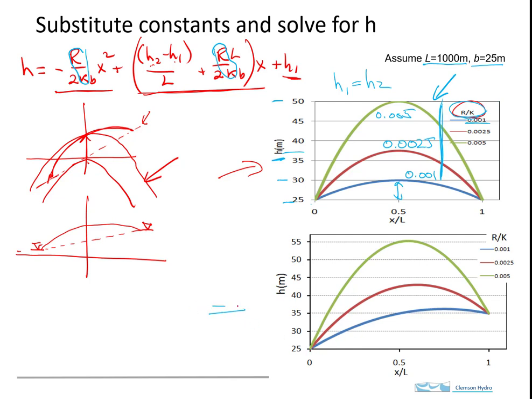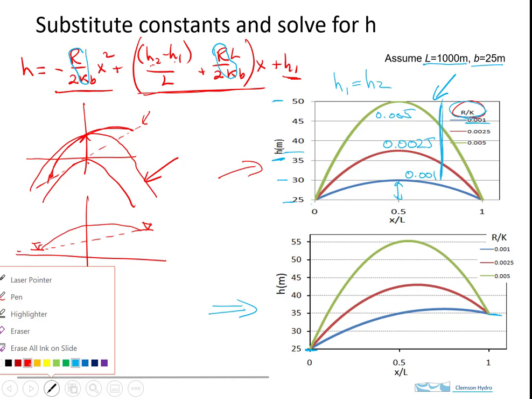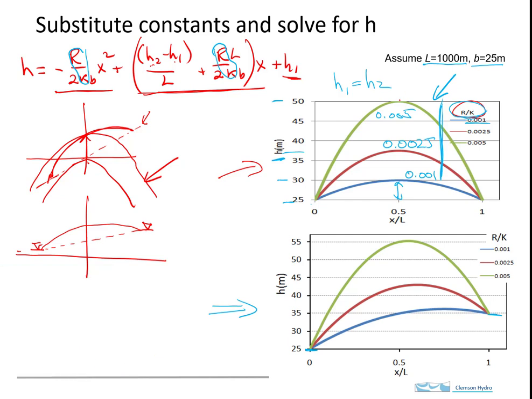Okay, well, I can do that same process, but let the heads be different on either side. And that's what I'm showing down here. The heads on this side are lower than the heads on this side by 10 meters. And you can kind of see the blue, red, and green have a similar look to them, except they're tipped a little bit. And one of the things that comes out of this, it's not immediately apparent when you look at this initially, is that if the heads on the two sides are equal, the divide is always right there in the middle.